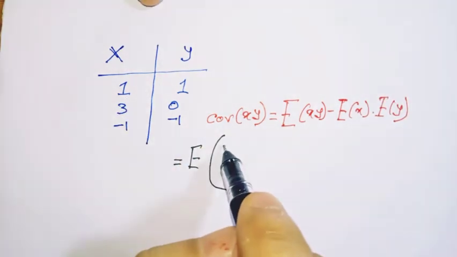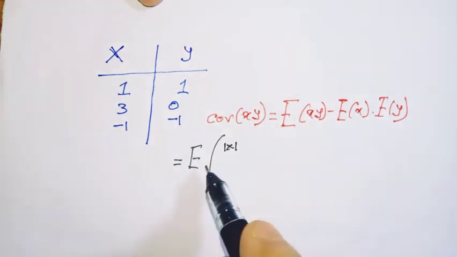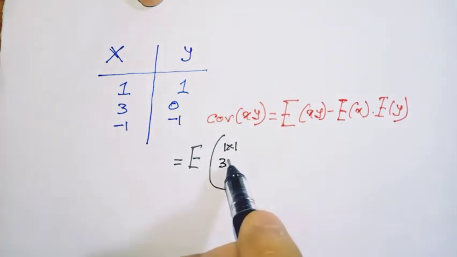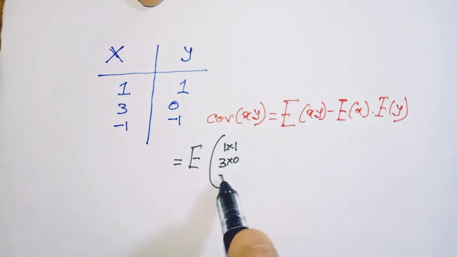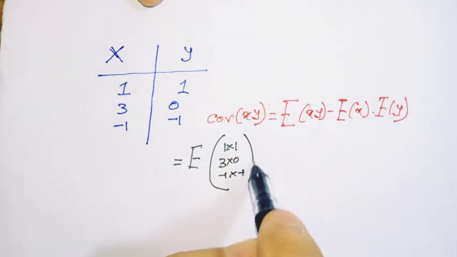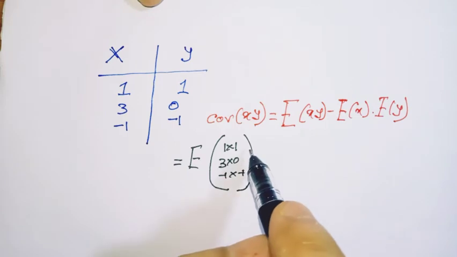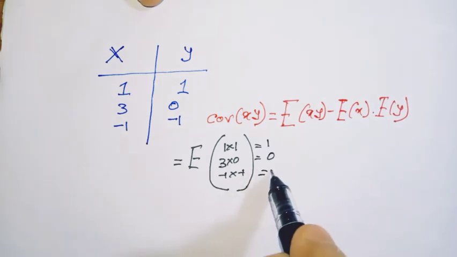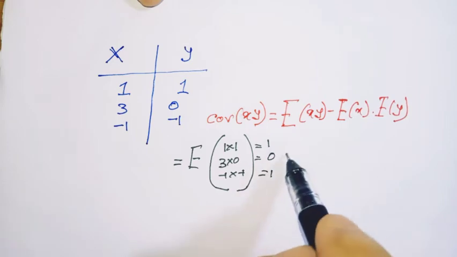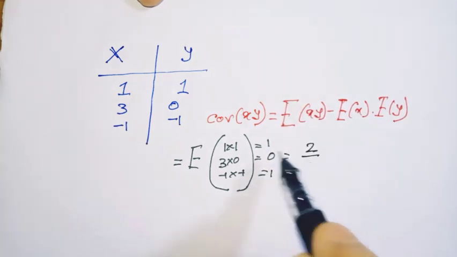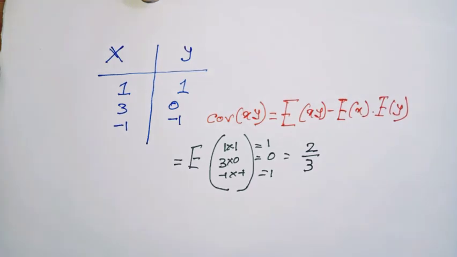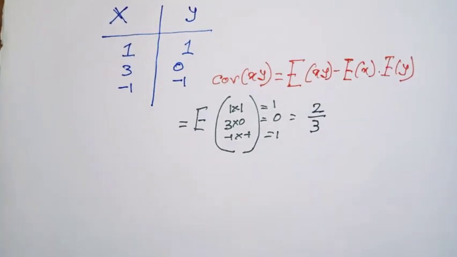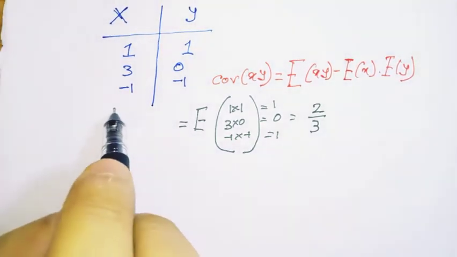So 1 multiplied by 1 is 1, 3 multiplied by 0 is 0, and minus 1 multiplied by minus 1 is plus 1. Then 1 plus 1 is 2, and the total count is 3, so it is 2 by 3. Now we haven't calculated the mean, so we are going to calculate the mean also. How do we calculate the mean of this? Simple.